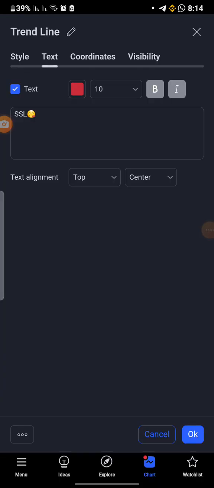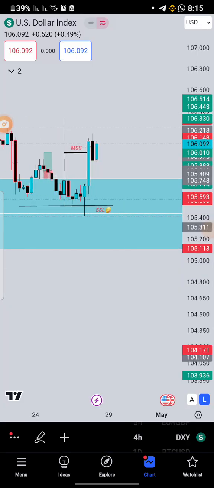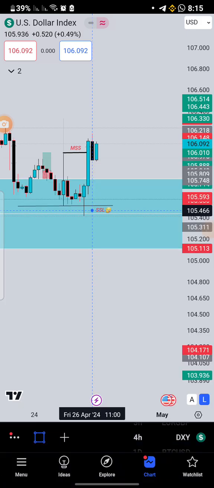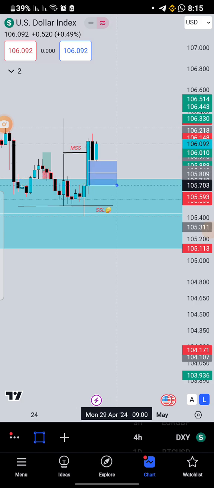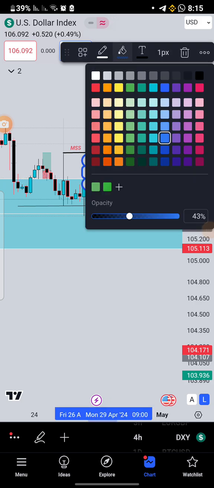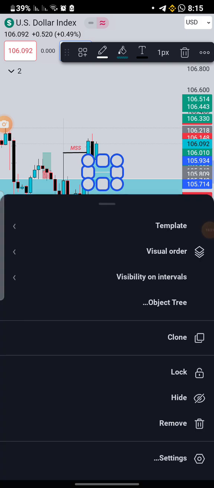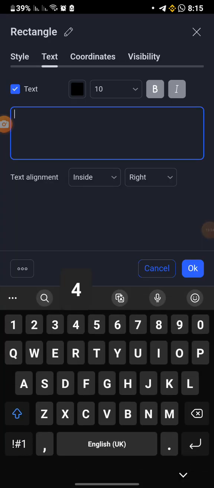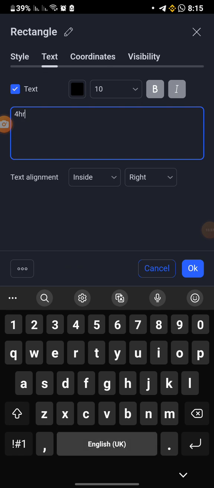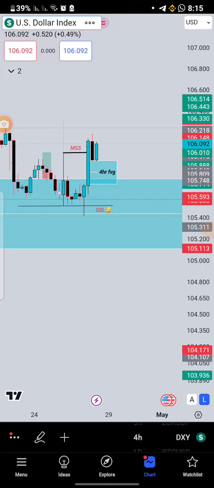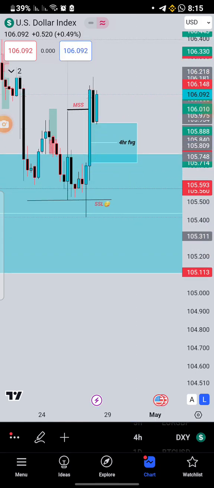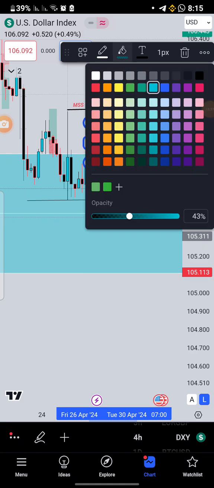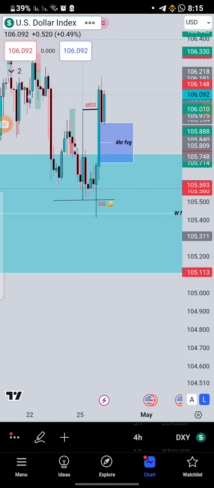So yeah, we have that sell side liquidity, as well as these 4 hour fair value gap, from which I will be anticipating to look for buying opportunities, right? And maybe I will be careful with that midpoint. I will be watching the main threshold of that 4 hour fair value gap.